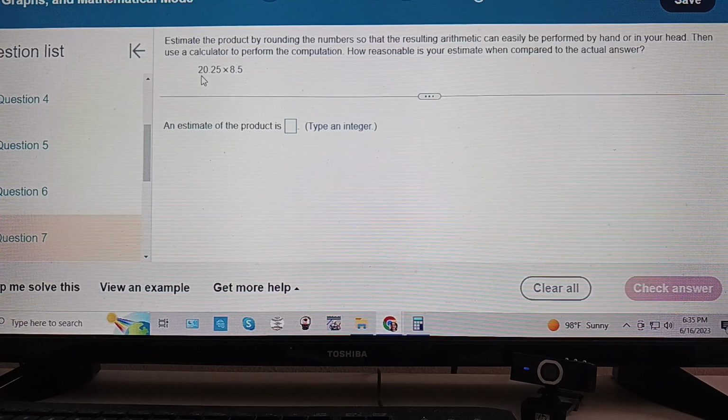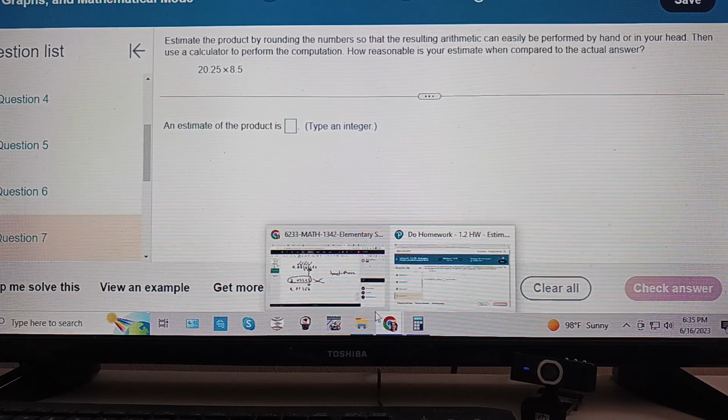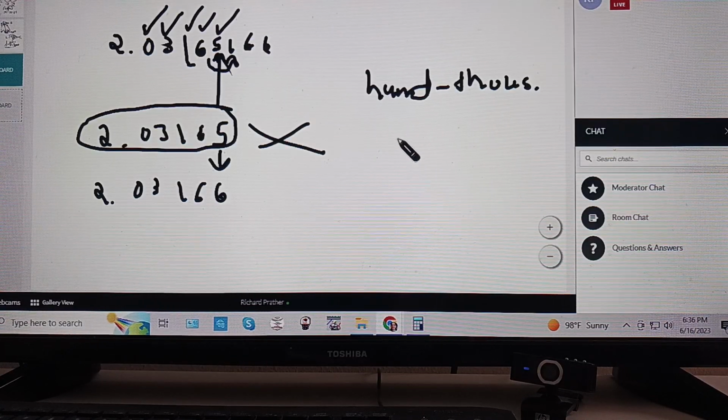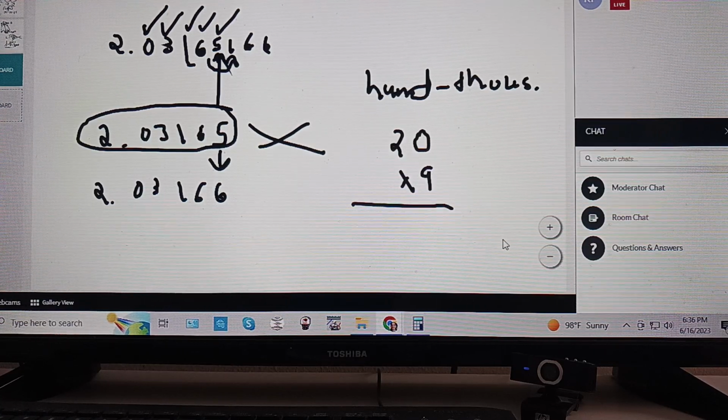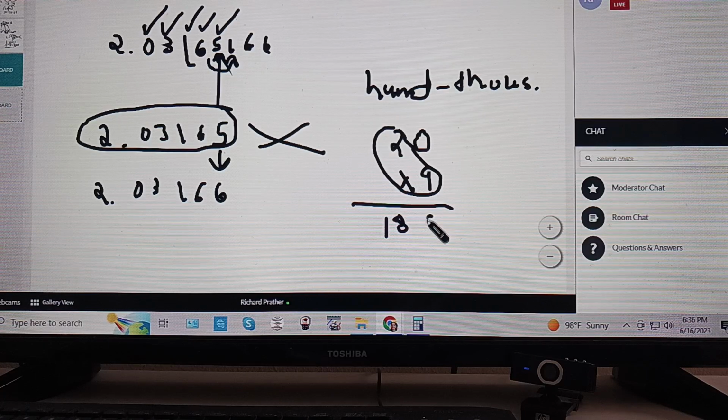20.25, that's pretty close to 20. It's closer to 20 than 21. And 8.5, now when it's in the middle like that, you're going to round that to 9 actually because of the 5. 5 or higher, you round up. But sometimes estimates aren't the greatest if you are kind of in between like that. So I would do 20 times 9 for the estimate, which maybe you can do in your head because 2 times 9 is 18, and then you just put a 0 on the end of it.